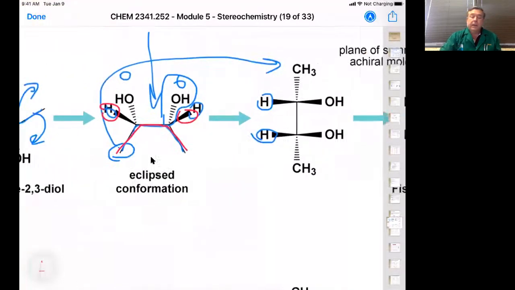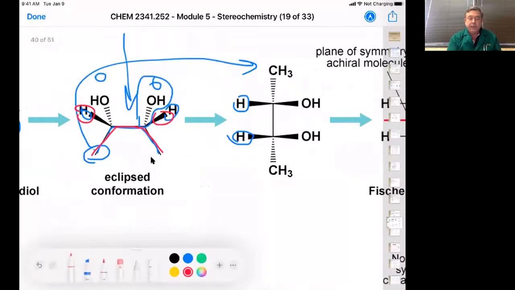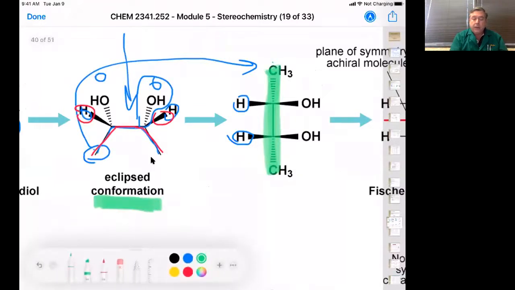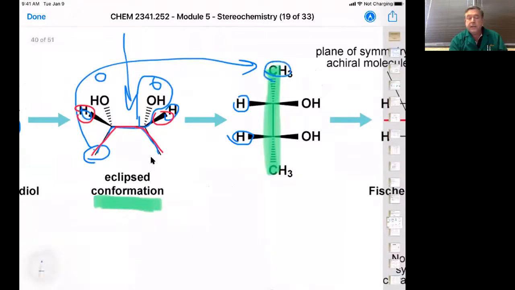So when we look at that, we get this image here. Our carbons are in our straight line, and they're going up and down this way here. And notice that because they're pointing down in this formation, our wedges here are dashed. That's a must for the Fischer projection. And then these two carbons are in the plane of the paper.